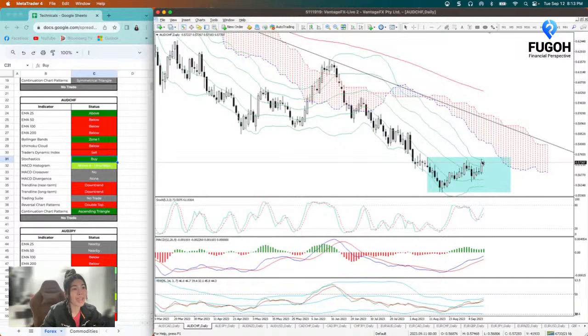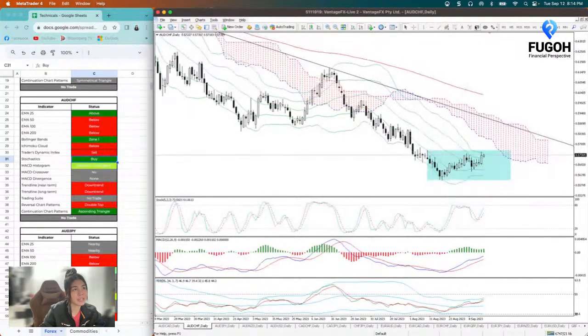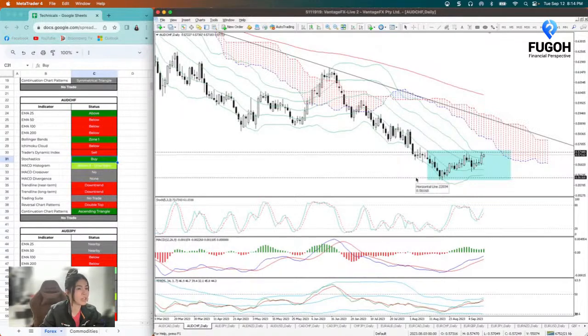But let's wait. I wanted to wait for the price to either stay here or go below the range. That's where I like to trade. Some people like to trade in the range. So if you are the person who likes to trade within the range, this price area over here is your sell area, and your buy area should be around here.